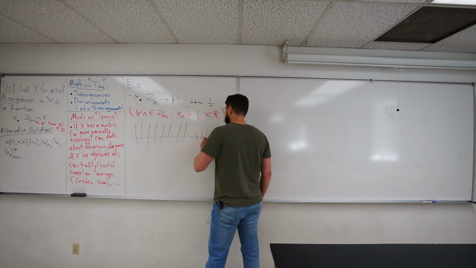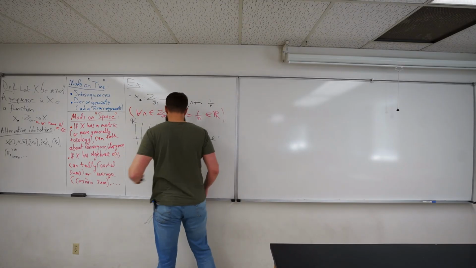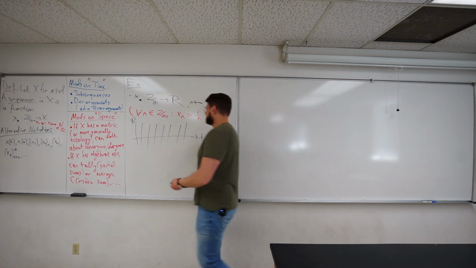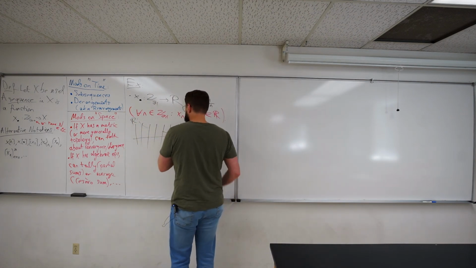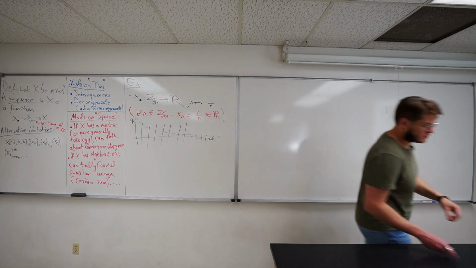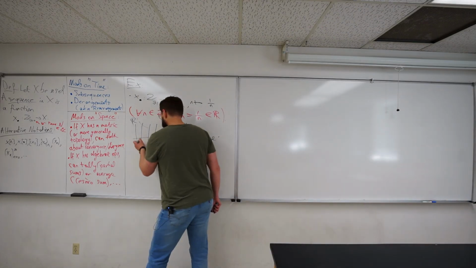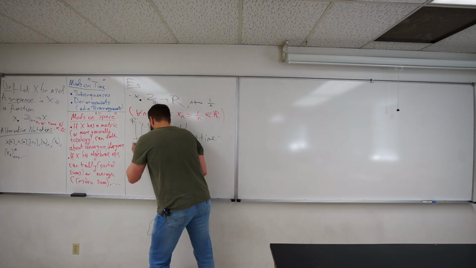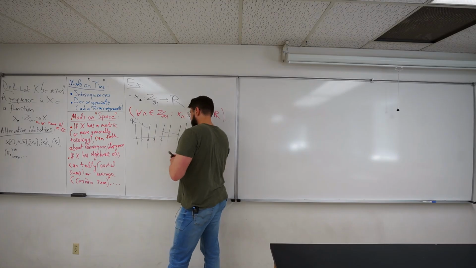So this is my time, and this is my space. Right, so it should be something like so. And then I can do this. So this is time 1, time 2, and so on.